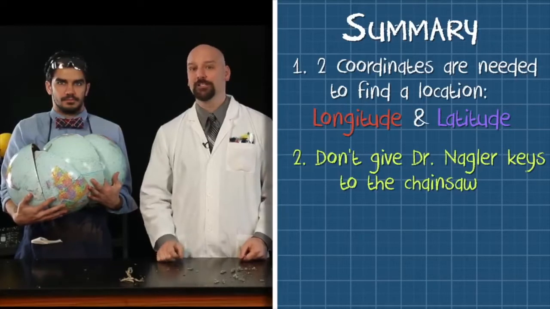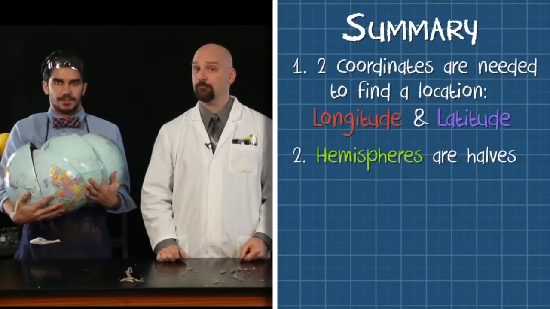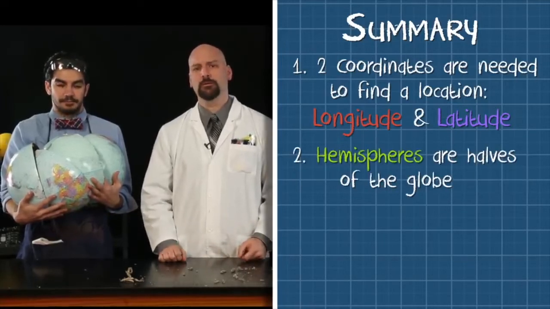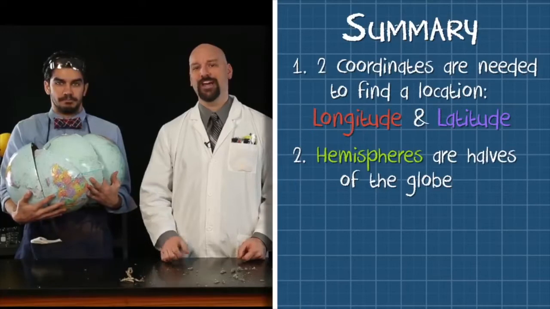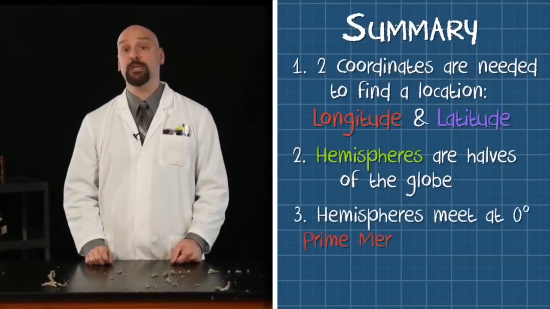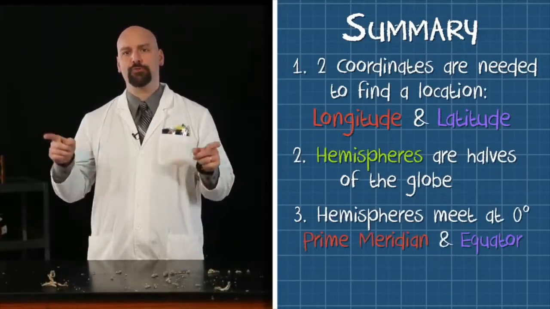That's not all. Didn't we learn what the two halves of the globe are called? Hemispheres. And what does hemisphere mean? Half of a globe. That's right. And remember, the point where the hemispheres meet is labeled 0 degrees, and we start numbering there in both directions.